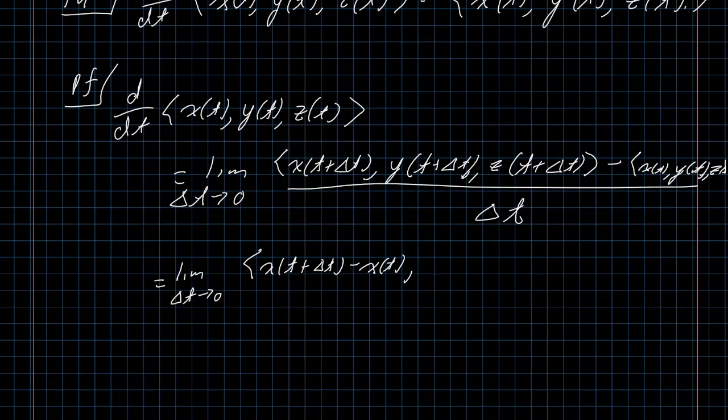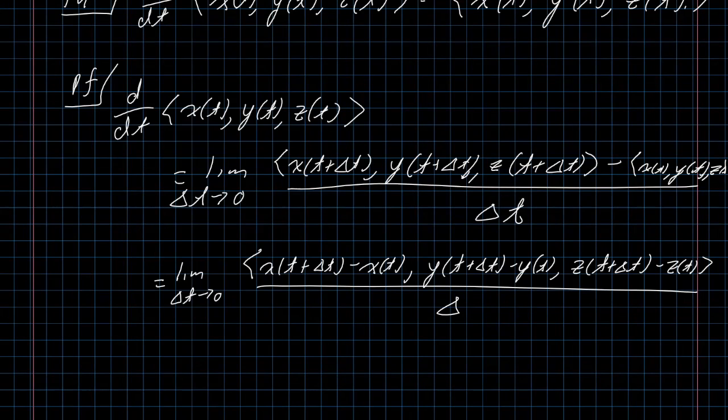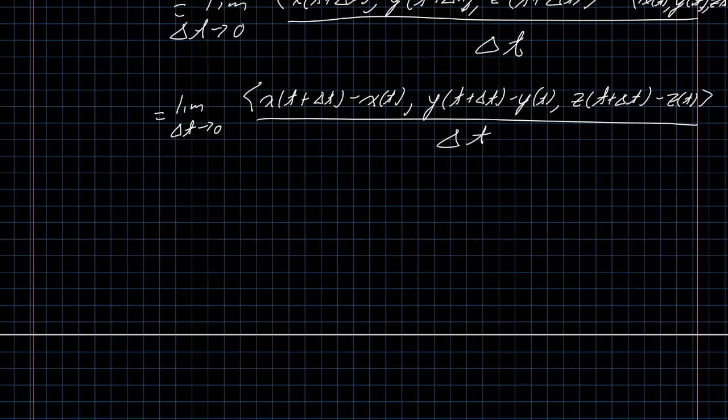The y component is y of t plus delta t minus y of t. And the z component is z of t plus delta t minus z of t.